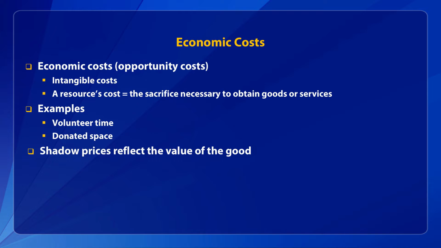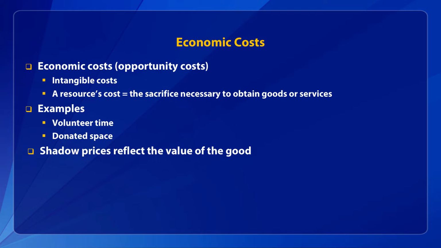If Nurse Alice weren't volunteering for your hypertension screening program, she could be volunteering at a domestic violence shelter instead. The value of her volunteerism to the hypertension program should be included. Valuing opportunity costs can be tricky, depending on the good to be valued. In general, you can use a person's average wage to put a value on volunteer hours, or you can use a similar market value for the same type of good.